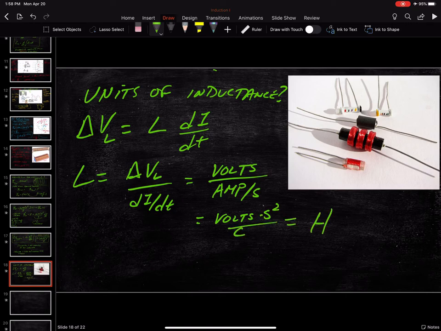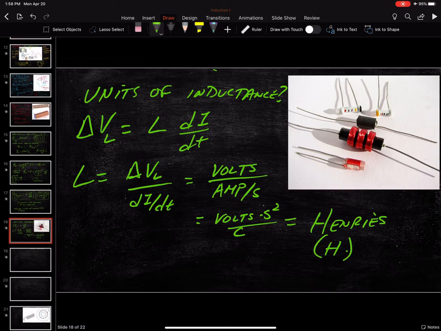This is just called H for henries. Okay, H. And so the units of inductance are henries, which are these sort of horrible units. We're going to talk much more about inductors and inductances later on.